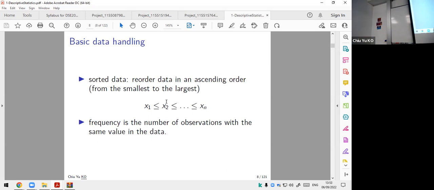Okay. And frequency, I think we know it. Suppose in the data we have multiple observations with the same value, and how many of those there are is the frequency. I hope this is something you have already learned in high school. I don't want to go over it again, but just in case.